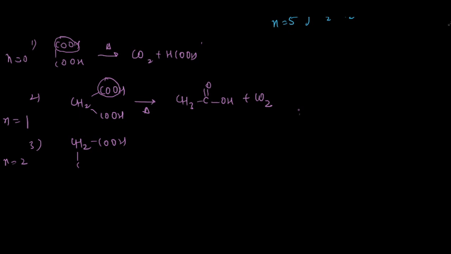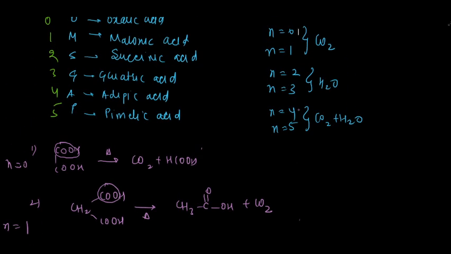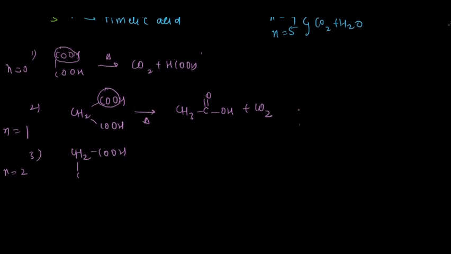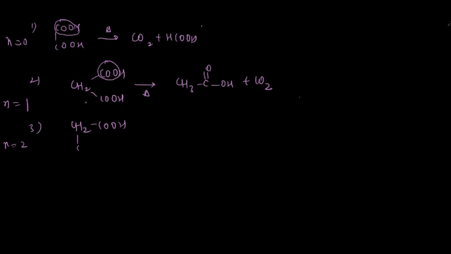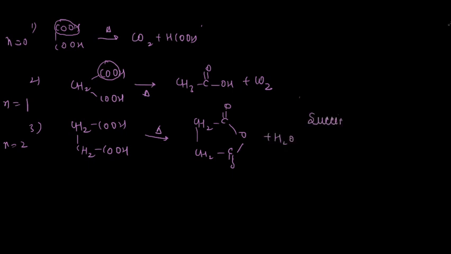If you look above, H2O gas should release when n equals 2 and 3. Then on heating it will form a cyclic compound, CH2 C double bond O, O, CH2 C double bond O, plus H2O. It is succinic anhydride. It will release water and form succinic anhydride.